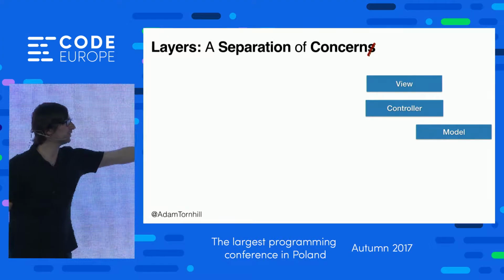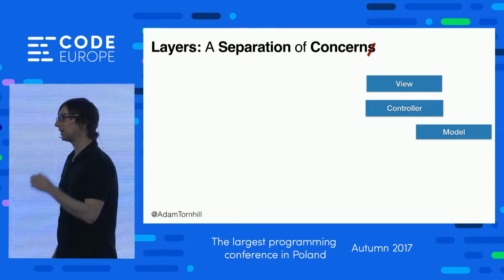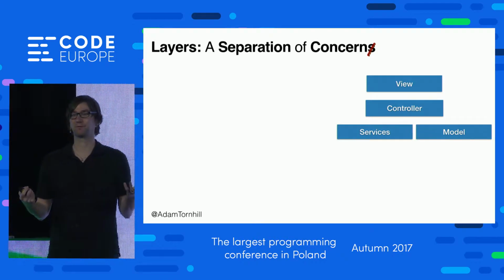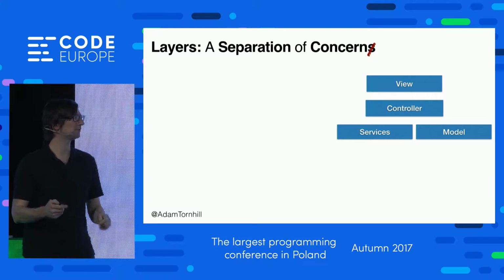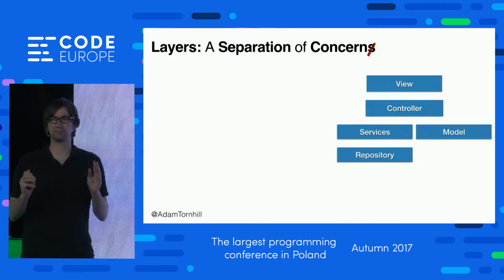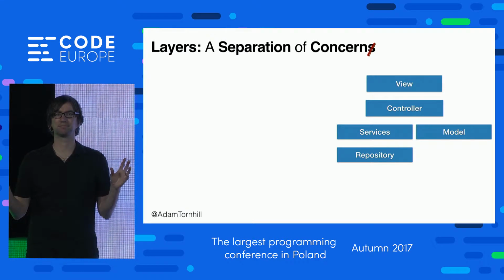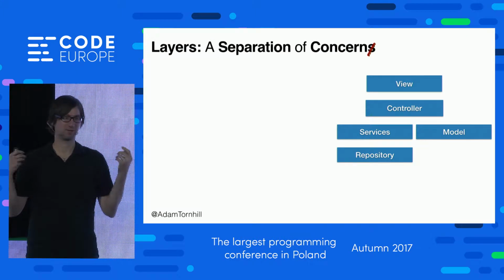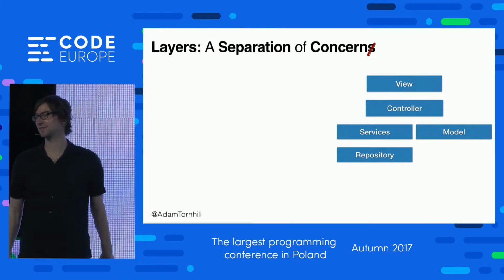So here are the 3 typical canonical layers in a model view controller. But we all know that we must have a services layer, right? So let's introduce that too. And we all know that we must have a repository layer. And the reason we need a repository layer is simply because, well, I actually never came up with a good rationale for that, so let's just call it a best practice.